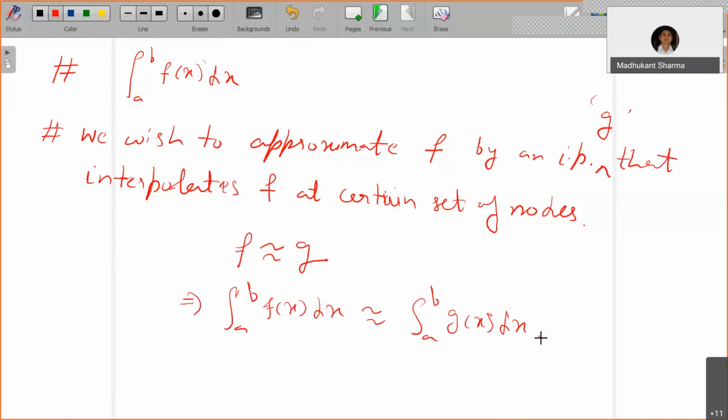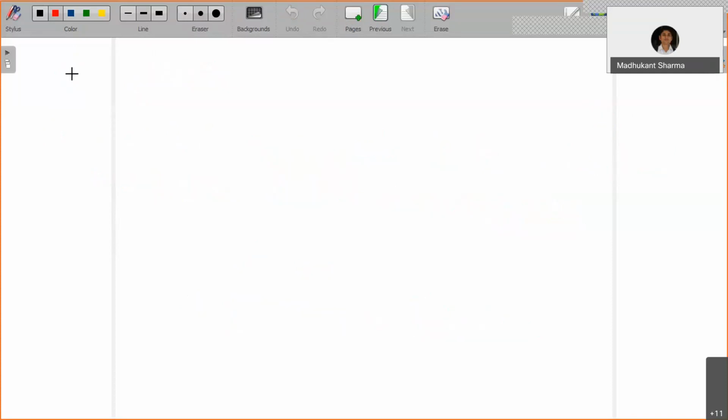Now what g we are going to choose is, again, we are going to work with the Lagrange form. So g is equal to summation i equals 0 to n of f of xi times Li of x.